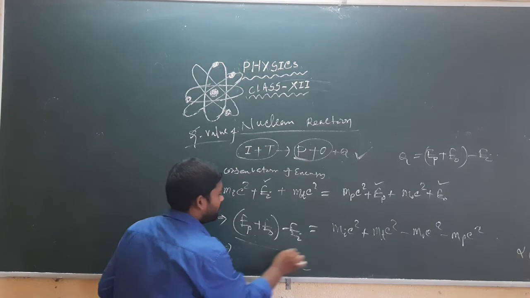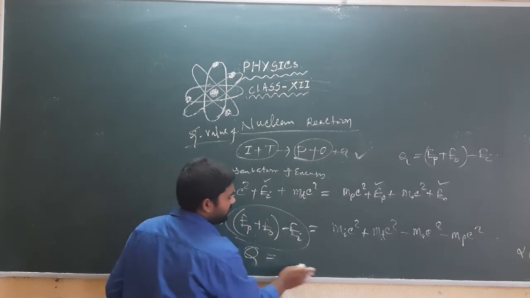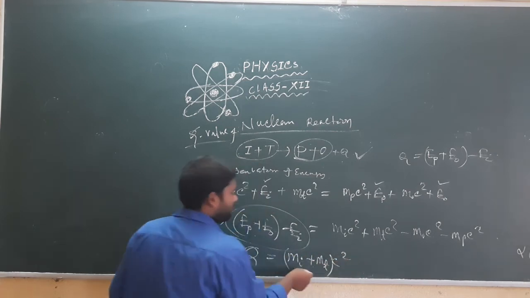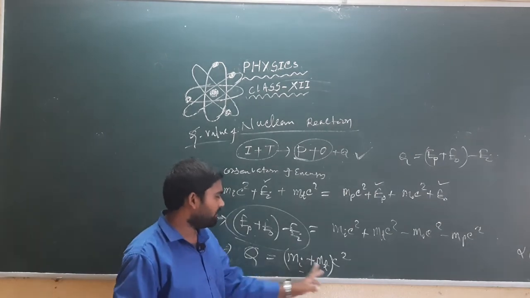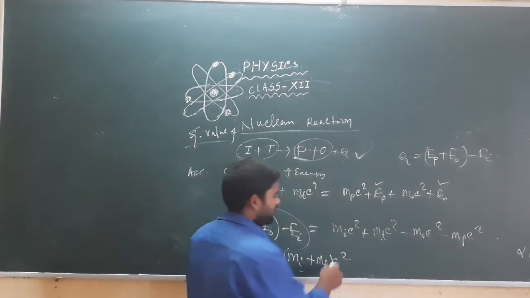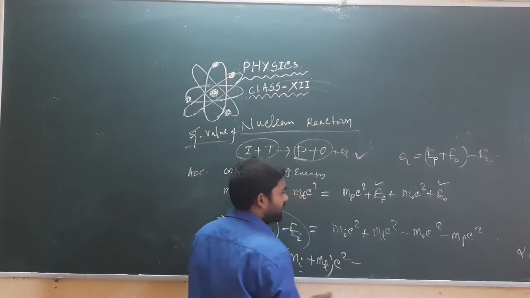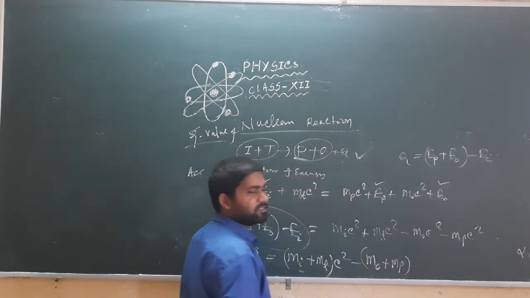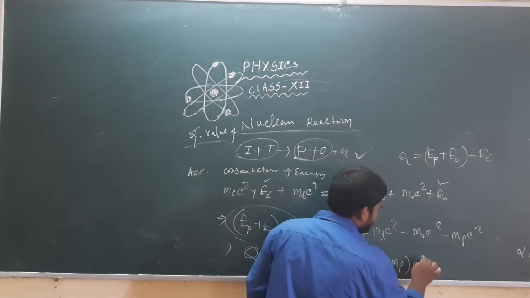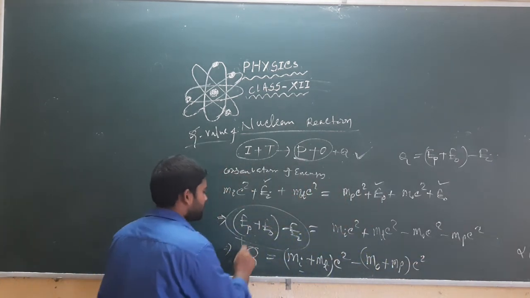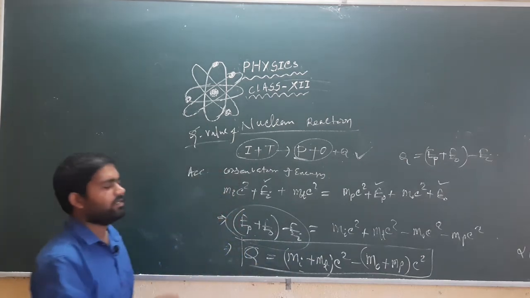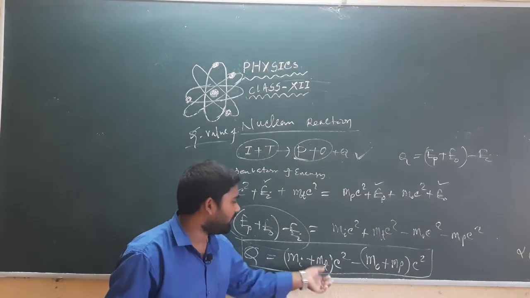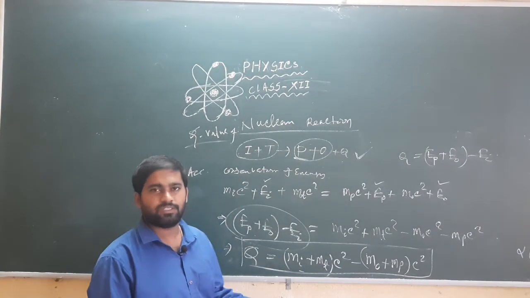So that value is equal to Q. So Q equals (m_i plus m_t), the sum of masses on the reactant side, incident plus target, times the square of the velocity of light, minus (m_o plus m_p), the sum of masses on the product side, times the square of the velocity of light. So this measures the Q value of any nuclear reaction, and we can easily measure the mass, and everyone knows the velocity of light.